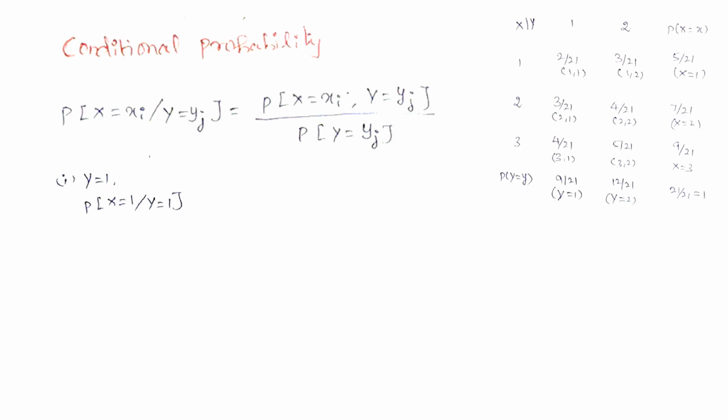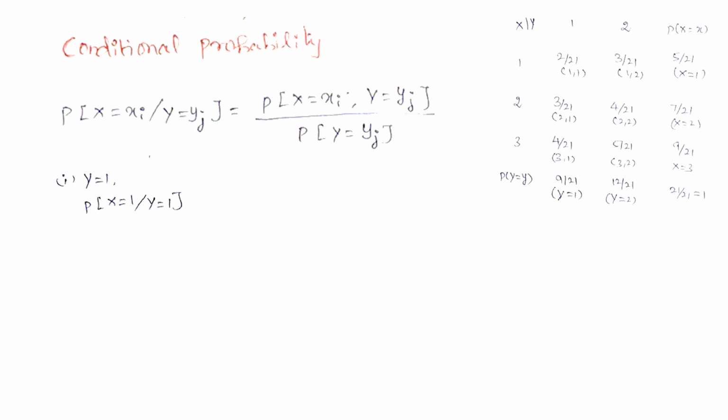First of all, what we are going to do is keep y as a constant and vary the value of x. If you see, we have the values of x from 1 and 2, and y varying from 1 and 2.